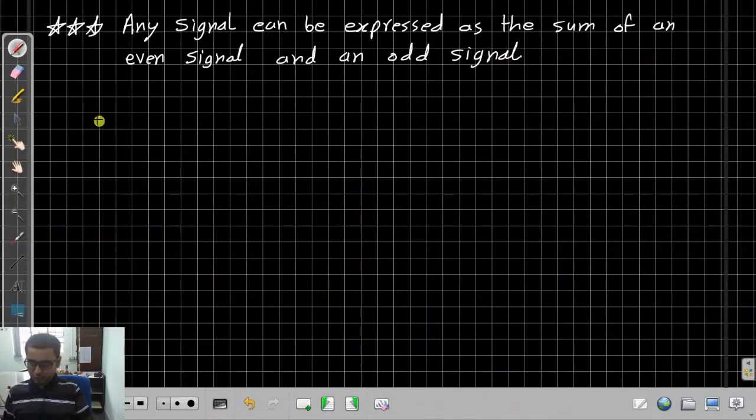Suppose some signal x(t) is given, which is neither odd nor even.